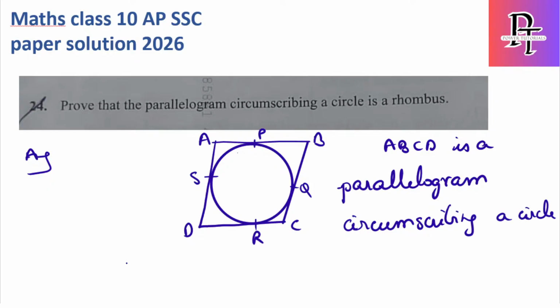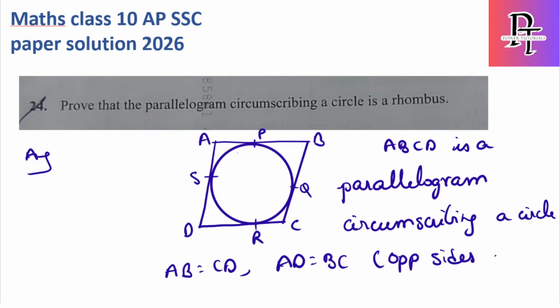If it is a parallelogram, what is the basic condition? The opposite sides are equal. So here AB is equal to CD and AD is equal to BC. You can write opposite sides are equal.